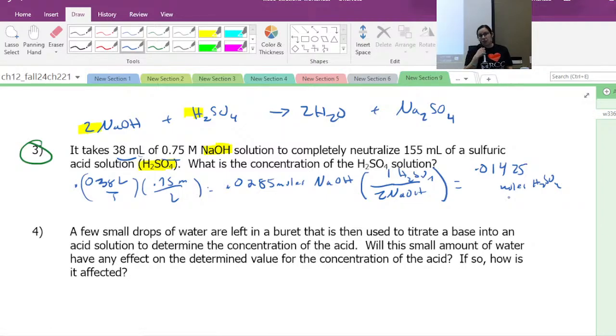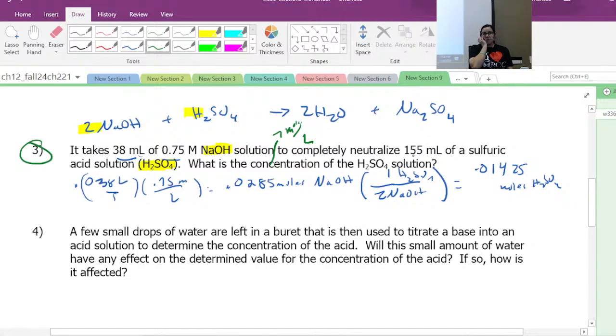What do we divide it by? So think back, what's your concentration? It's just moles over liters. We have moles of sulfuric, we have liters of it.